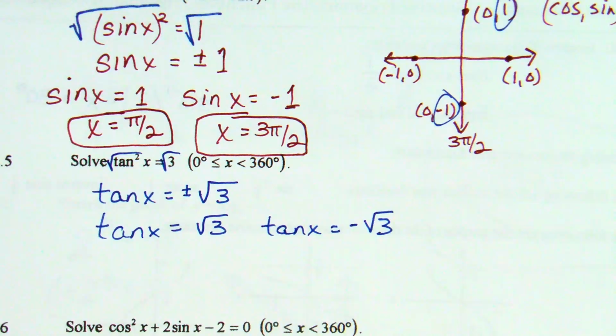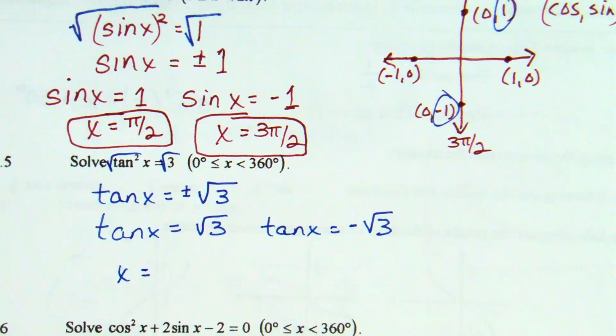Tan x equals negative square root of 3 is going to be the two negative quadrants. So you're going to have an answer for every quadrant, yes? Mallory, you said pi over 3. Since they gave us degrees, instead of talking pi over 3, I'm going to use 60. So, I've got one of my positive answers, 60.